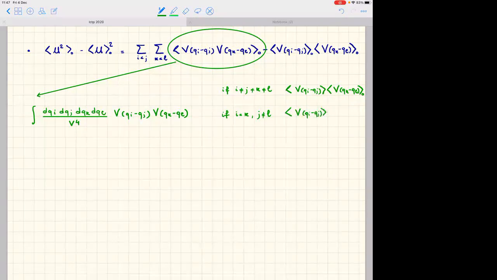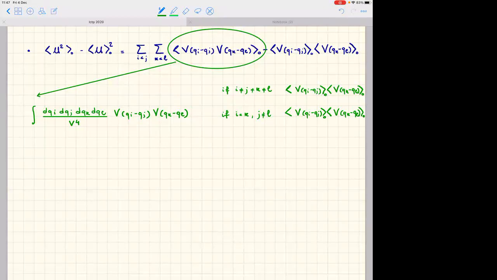Professor, both of them should have the naught, right? Yes, all of them. Everybody has the naught.